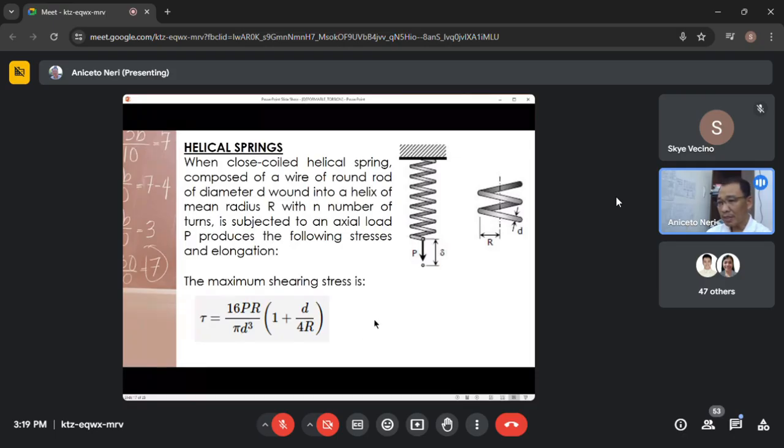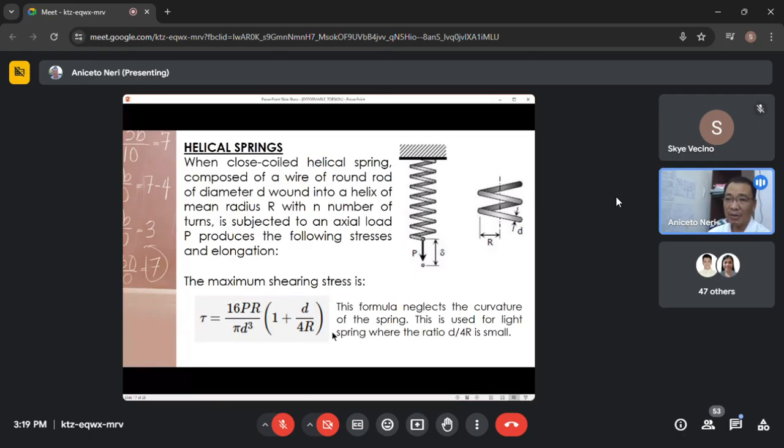Now, this formula neglects the curvature of the spring. So because of that, this formula will be used only for light spring, where the ratio d over 4R is small. Pero wala may specific nga limit niya or value kung kanus-a ma-consider siya nga light spring. Ang nakabutang diri small, wala specific number.